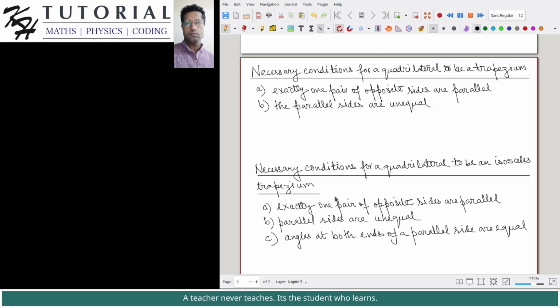Additionally, we can say that if the angles at both ends of a parallel side are equal... So for a quadrilateral to be a trapezium, if we have two sides parallel but of unequal length, then it will be a trapezium.